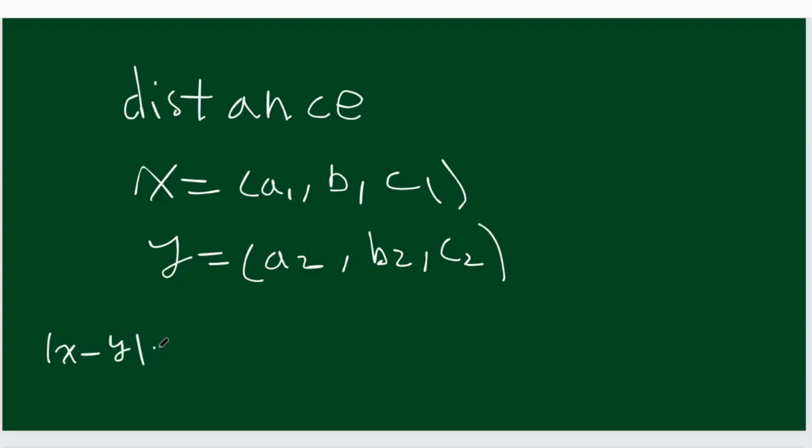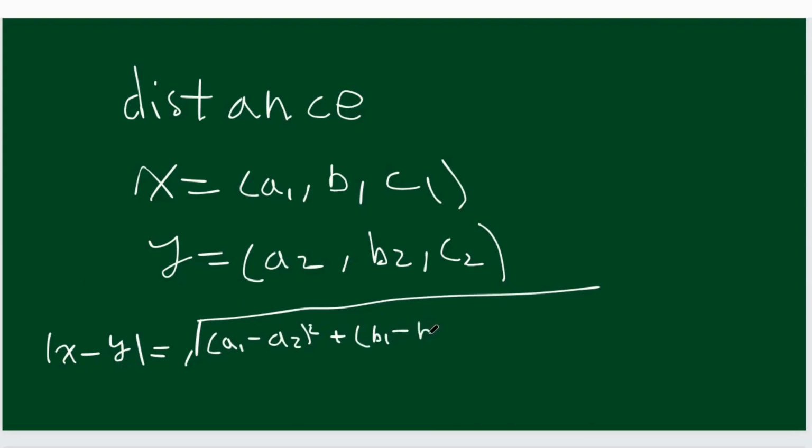Well, using the formula, you get the square root of (a1 minus a2) squared plus (b1 minus b2) squared plus (c1 minus c2) squared.